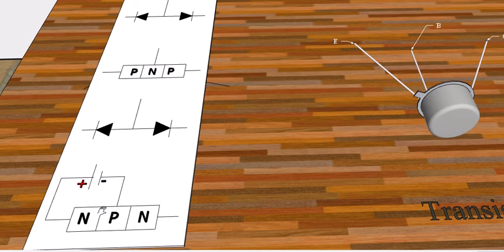In such a case, the barrier potential of the junction will increase and it will not allow electrons to flow from N type to P type. So it will stop the flow of current. Current does not flow when N type is positive and P type is connected to the negative of the battery. This is called reverse bias.